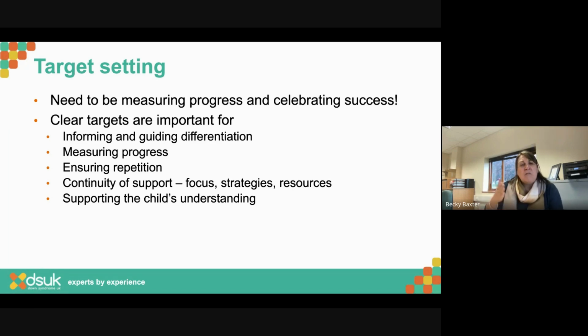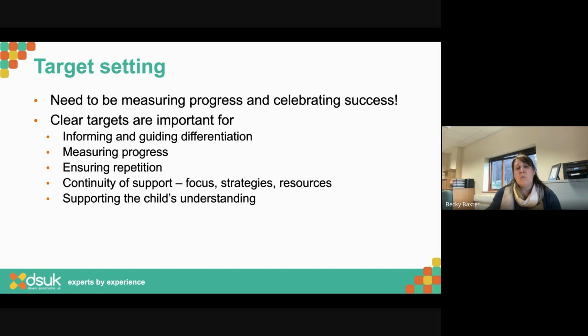But in terms of what the child has learned and can take with them to the next lesson, that can sometimes be overlooked. If you've got those targets, we know we're going to go back to them and practise them over and over again until the student really has nailed it and can do it by themselves. The other thing, of course, is that clear targets help with continuity of support.